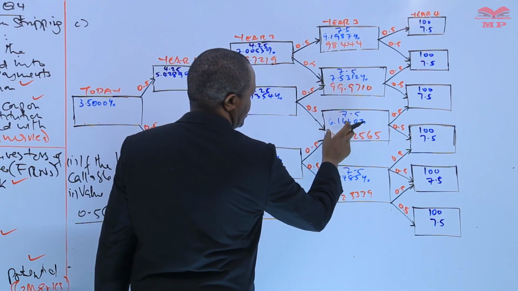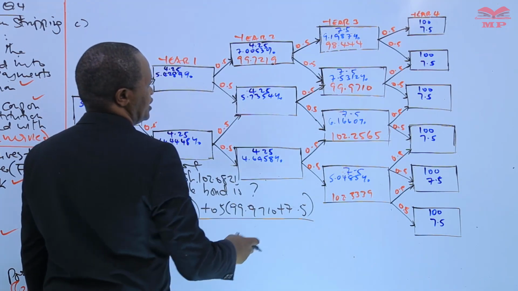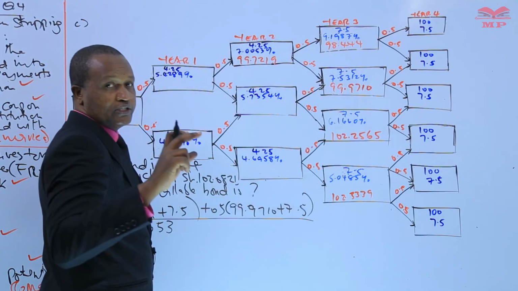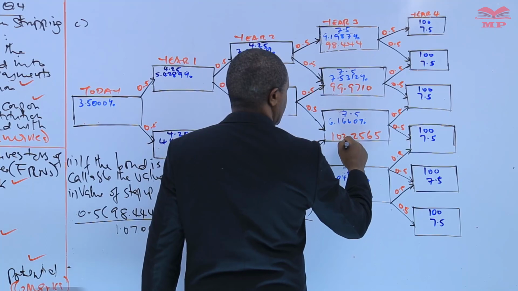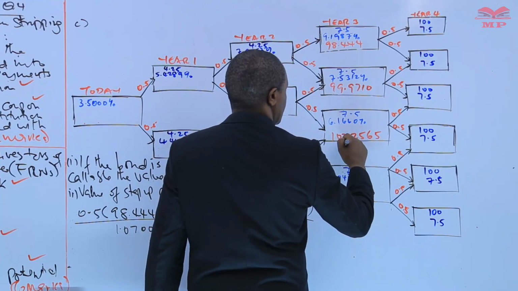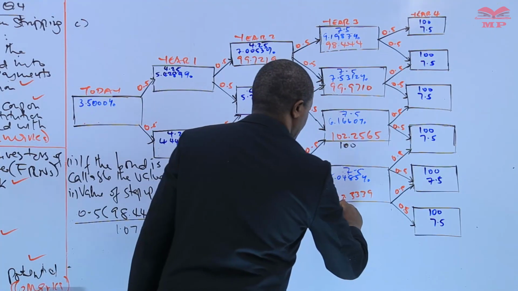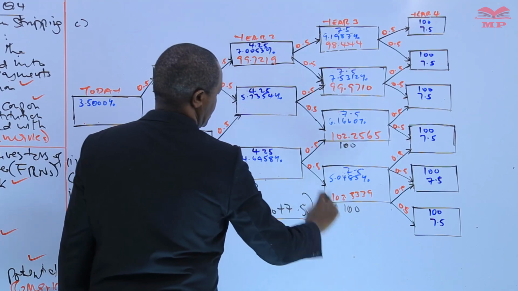The par value is 100. So when computing the value at this point, we will not use any values that are beyond the par value. So here we'll use 100, the par value. The same thing will apply here. We are going to use 100 when computing the value at this node.